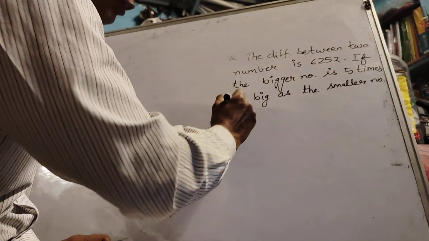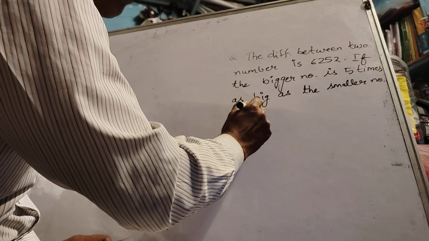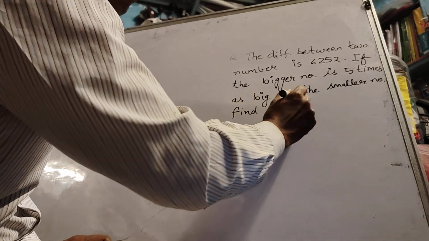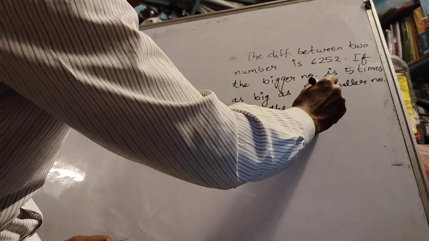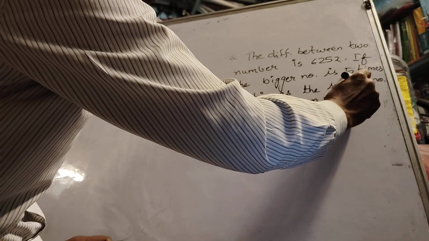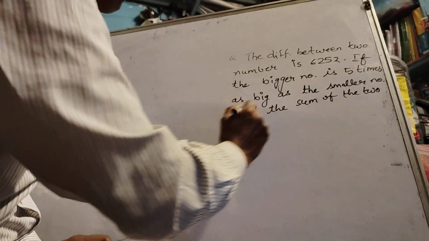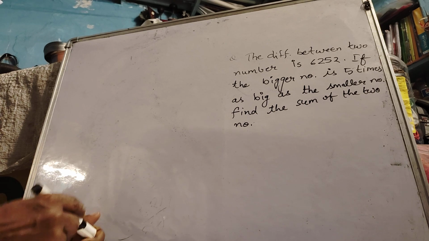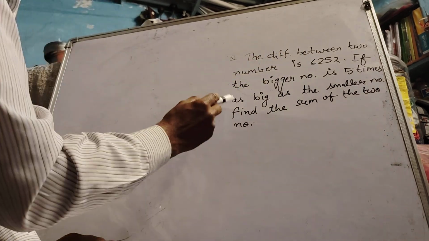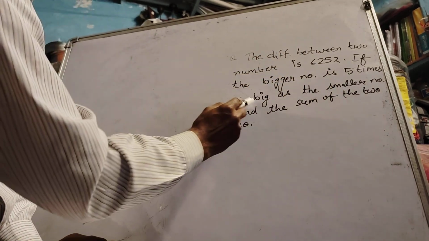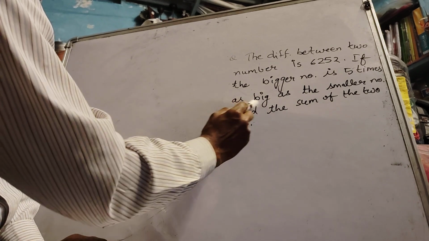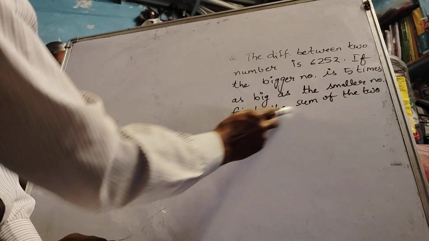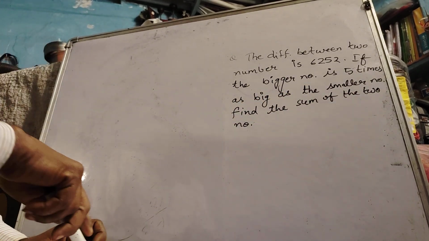Find the sum of the two numbers. The difference between two numbers is 6,252 if the bigger number is 5 times as big as the smaller number. Find the sum of the two numbers.